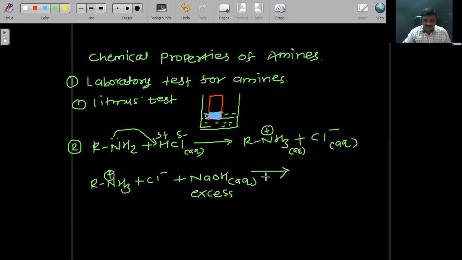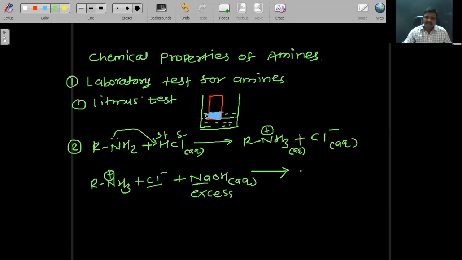The Na and the Cl combine with each other and NaCl is formed as a byproduct. Also, NaOH is a base, so it gives OH minus ions. That OH minus grabs one of the hydrogens from NH3. So OH minus and H plus form H2O.